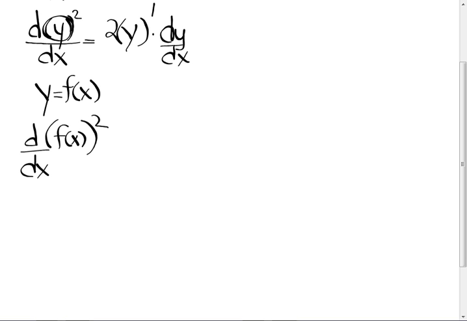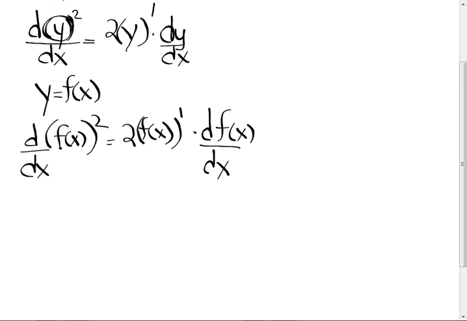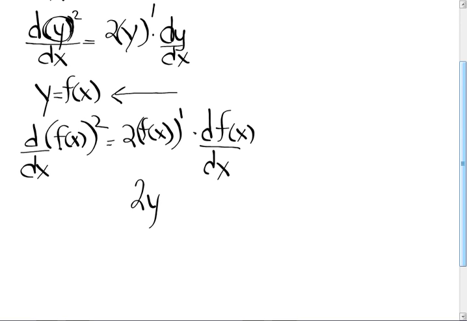What's the outer function? It's composite. 2 times whatever's in there to the first power. Times, then you have to do the derivative of the inside function. So it's d f of x dx, or f prime of x. Some of you may prefer to do that, that's fine. Now, but what is f of x? f of x is simply my y value, so that's 2y. And what's f prime of x here? dy dx.